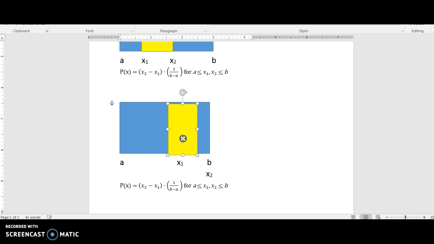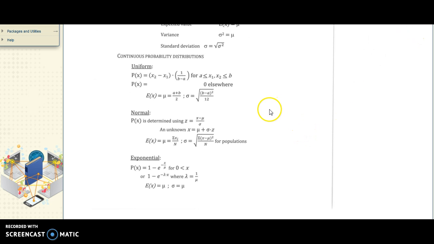It'll just really depend where that area of interest is that you're looking for, and you'll just multiply base x2 minus x1 times height 1 over b minus a for all uniform continuous probability distributions. So going back to your formula sheet, that sort of explains this new formula.